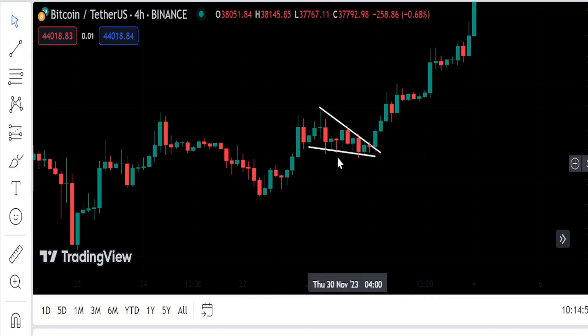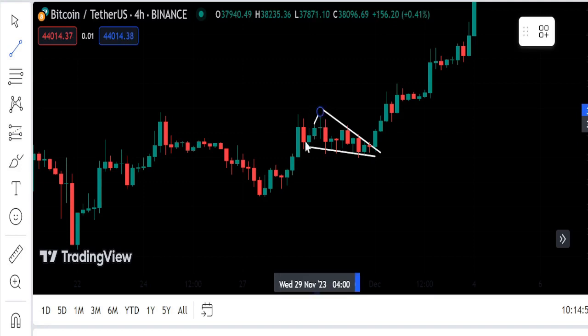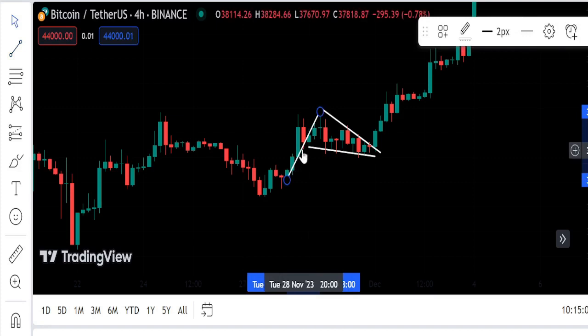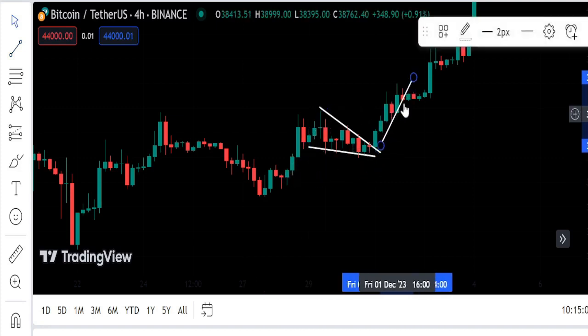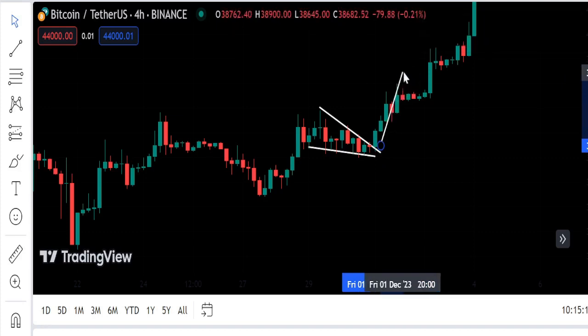So once again, our target will be this distance from here, and if we project this price here, it will give us the price of about here.